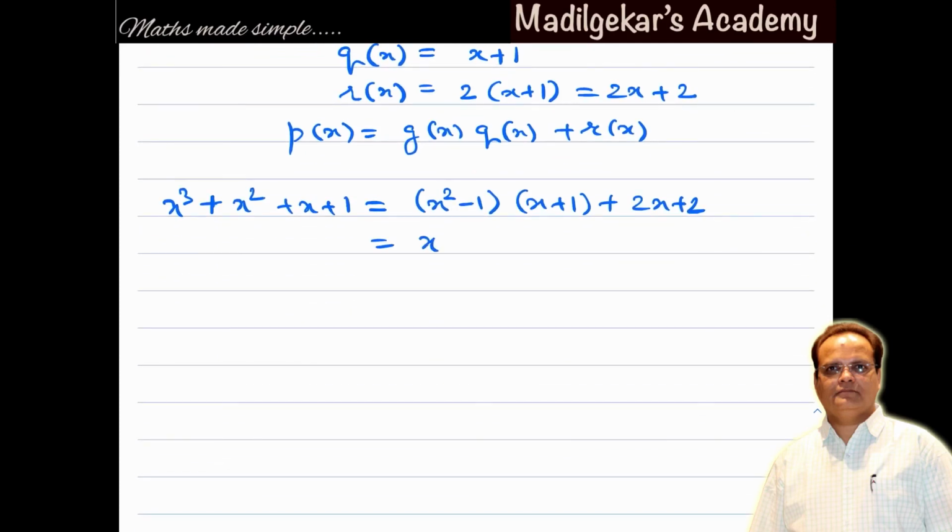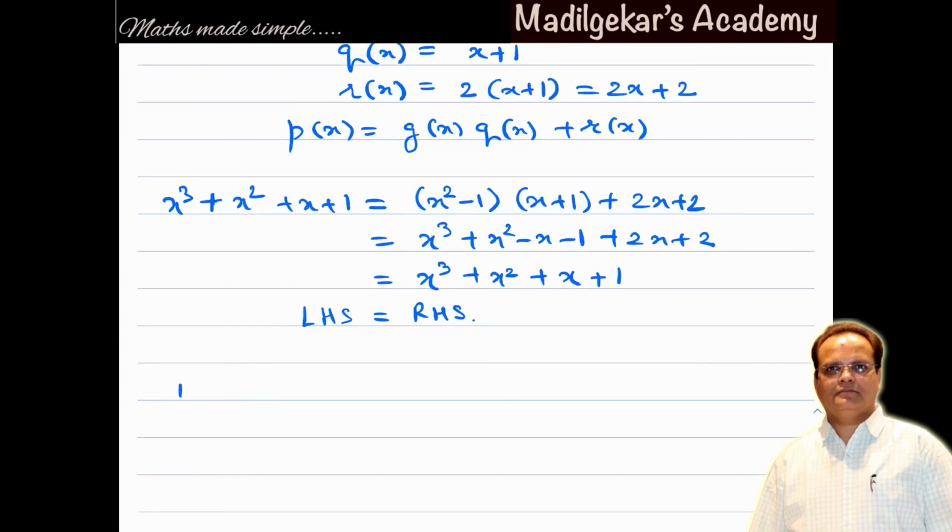So it is x cube plus x square minus x minus 1 plus 2x plus 2. That is x cube plus x square, minus x plus 2x gives x, and minus 1 plus 2 is plus 1. So division algorithm is also satisfied.